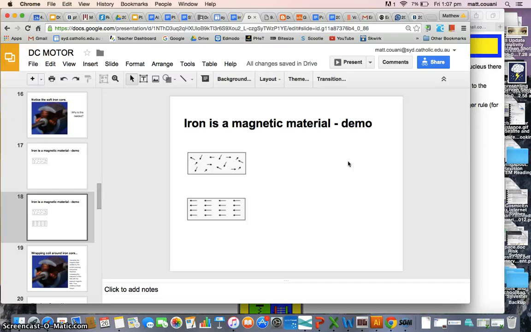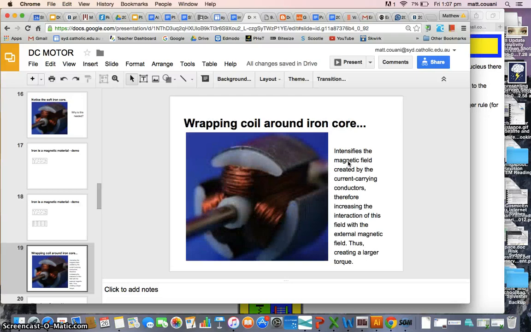So if I've got a current carrying conductor here, lots and lots of loops wound around a soft iron core, essentially what I'm doing is lining up all the little domains in this piece of iron, and I'm creating a much stronger electromagnet, which, if I place this whole system in the presence of an external magnetic field, the field that is created by the current carrying conductors will interact with the external magnetic field a lot more, and I'll get a much larger torque.